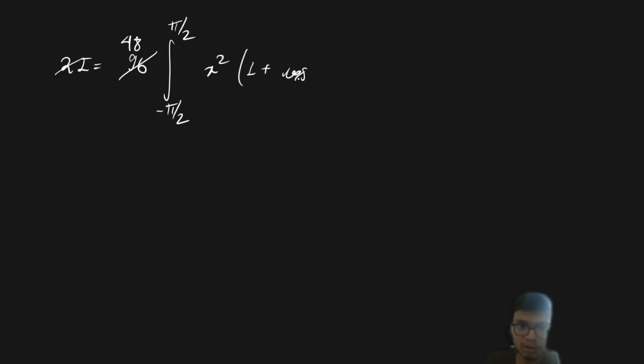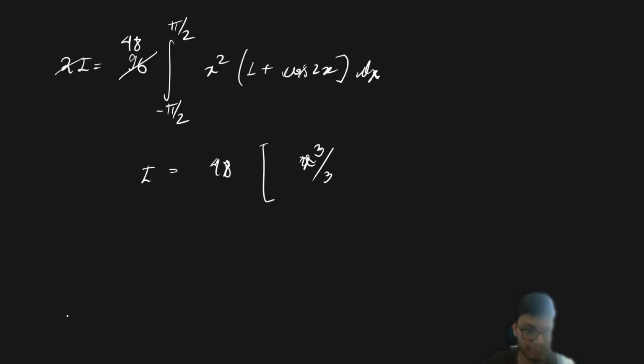Then I can write cos square x as 1 plus cos 2x by 2. So I can write this as 1 plus cos 2x over here dx, right? Now this expression can be simplified as 48 times, where the first term is going to be x cube by 3.